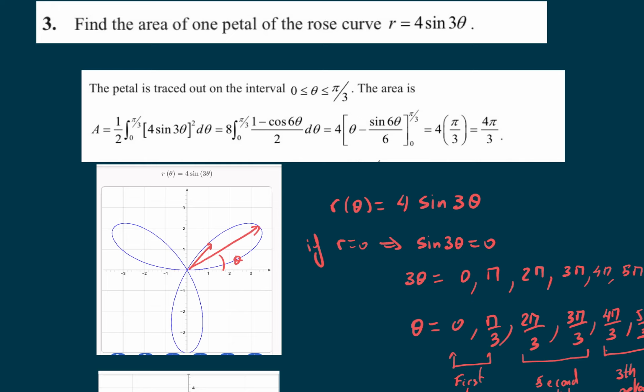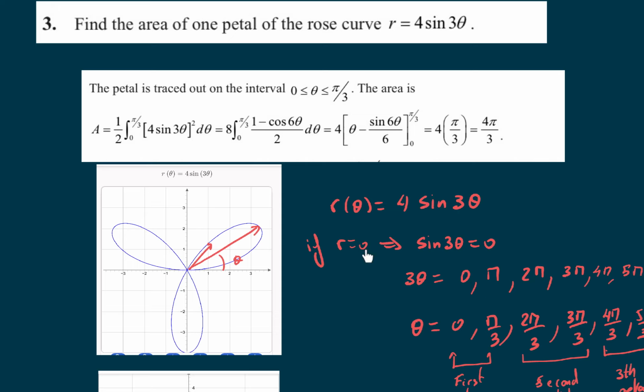So r of theta is 4 times sine of 3 theta. For sure, the challenge is not to plug into 1/2 r squared d theta, which is the area, and the challenge is not to do the integral. Also, the challenge is to see clearly this 0 and pi divided by 3. Let's go to do it. r of theta is 4 times sine of 3 theta.